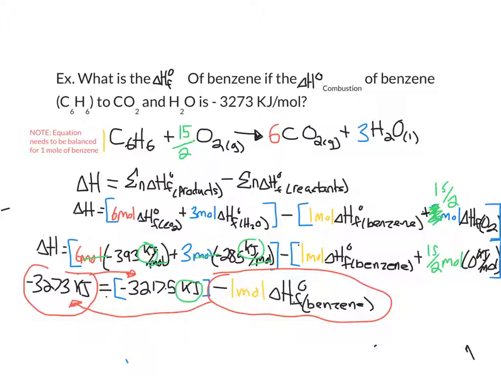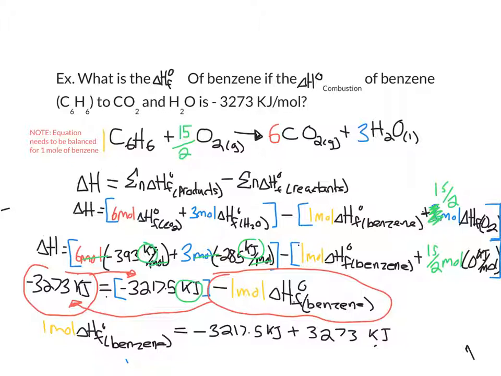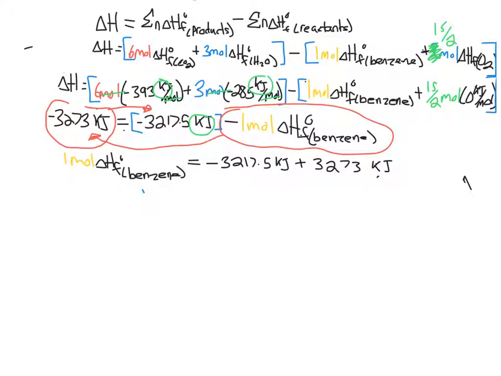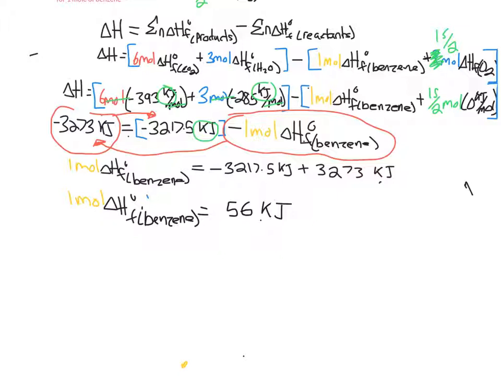So if we do that, we have our 1 mole of benzene times standard enthalpy of formation of benzene equals the negative 217.5, which was here already, plus the 3,273 kilojoules. So now simplify this side, do your math. You get 1 mole times standard enthalpy of formation of benzene is 56 kilojoules.